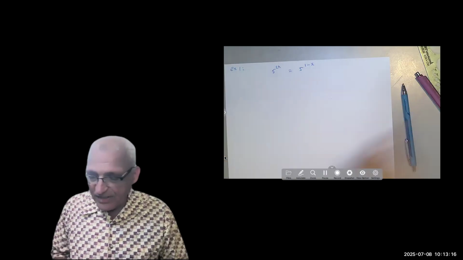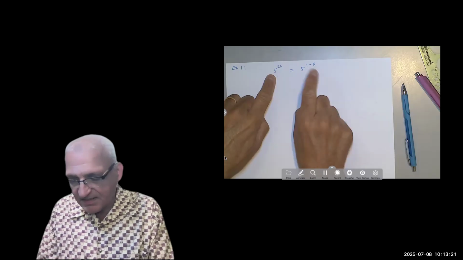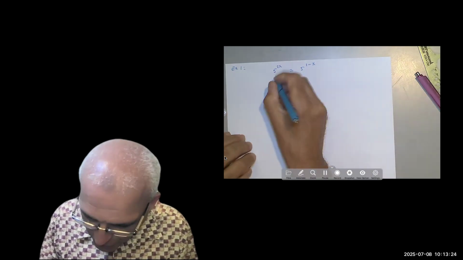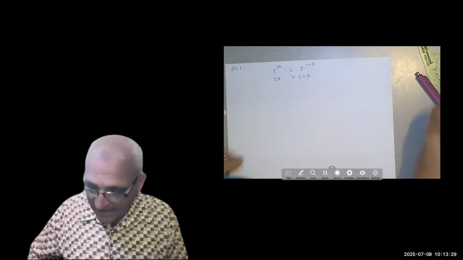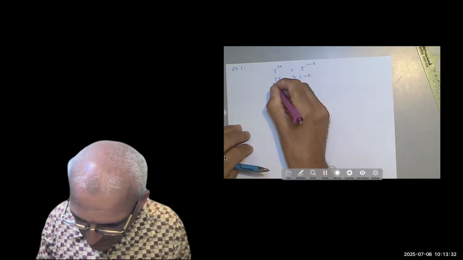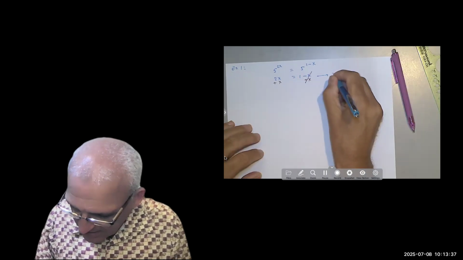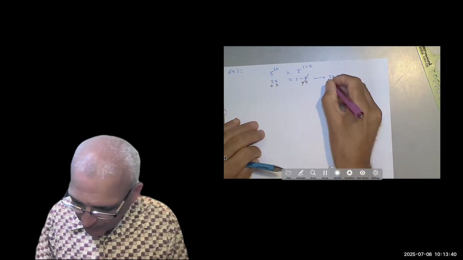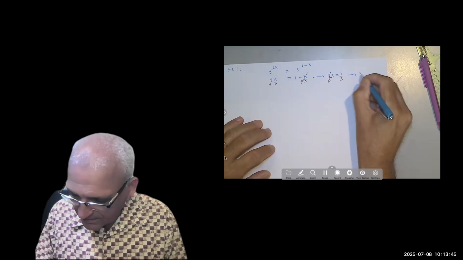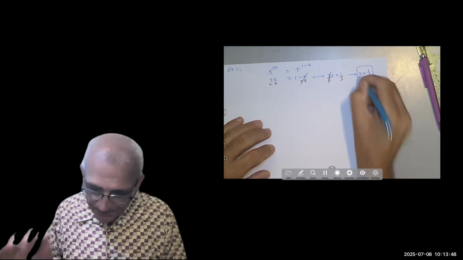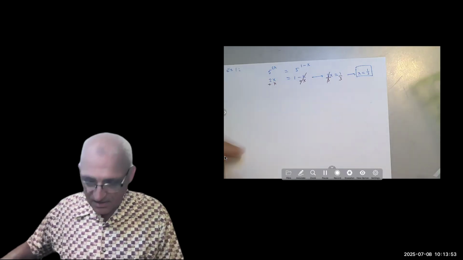But for now, if the bases are the same and the left-hand side equals the right-hand side, so definitely 2x must equal 1 minus x. I'm going to add x to both sides and get 3x equals 1. I'm going to divide both sides by 3, and I get x equals 1/3. Okay, so this one is very easy, right?